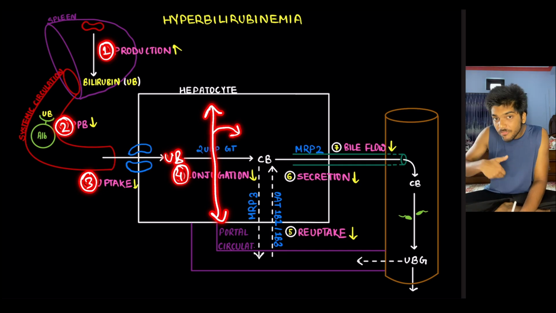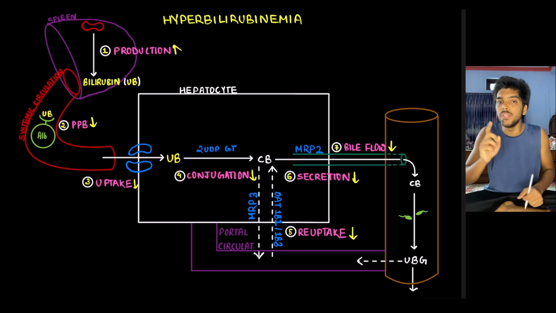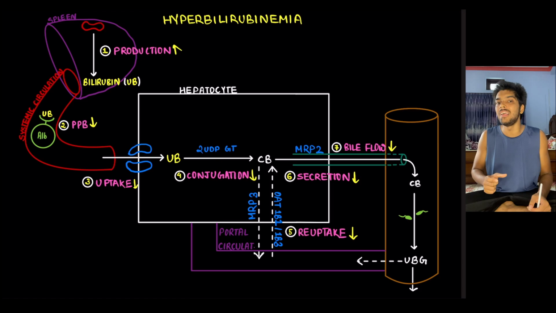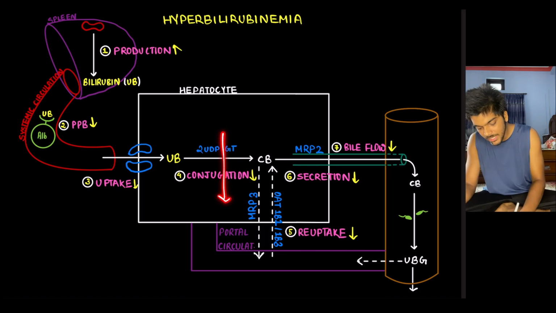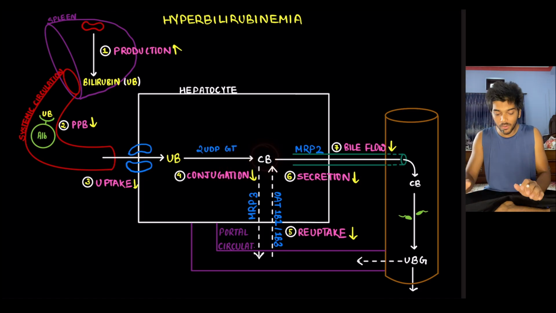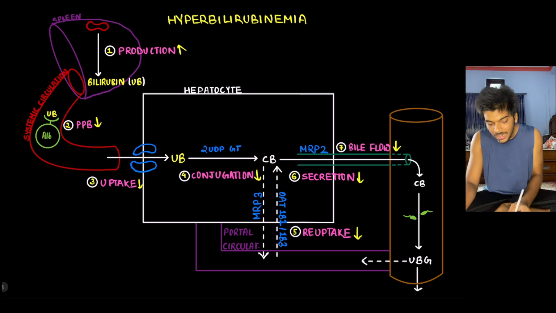Distal to this, or after this, all the defects are going to lead to accumulation of conjugated bilirubin in the blood, leading to conjugated hyperbilirubinemia. Let's see how. Okay, so till here everything's fine. Conjugated bilirubin is formed. What happens to conjugated bilirubin? It leaks into the portal circulation.